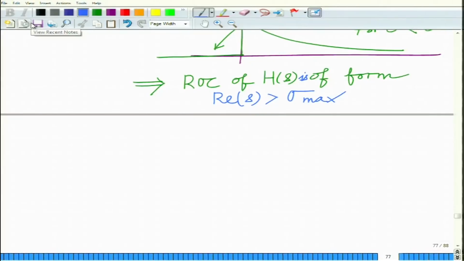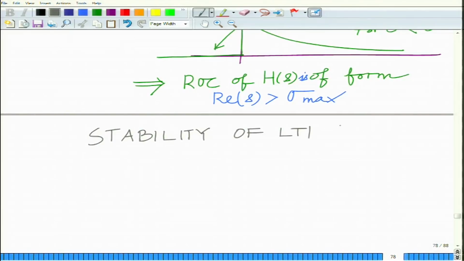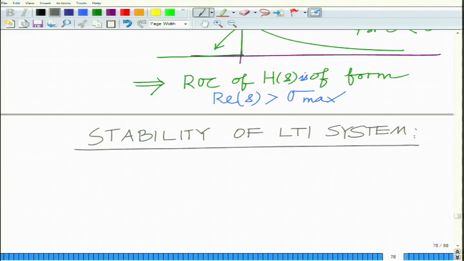Now, let us look at the stability of the LTI system.